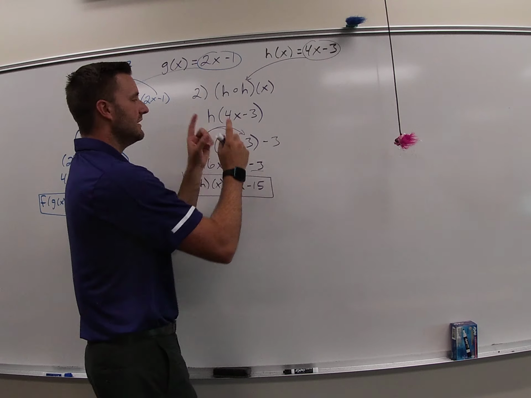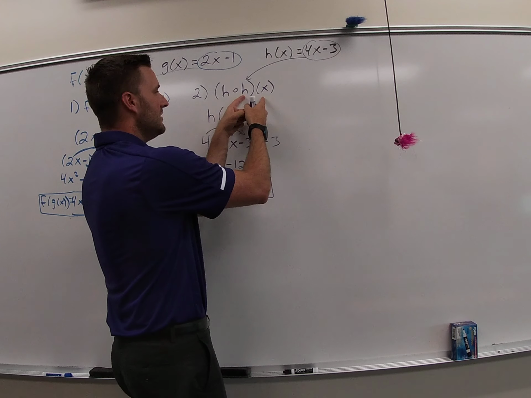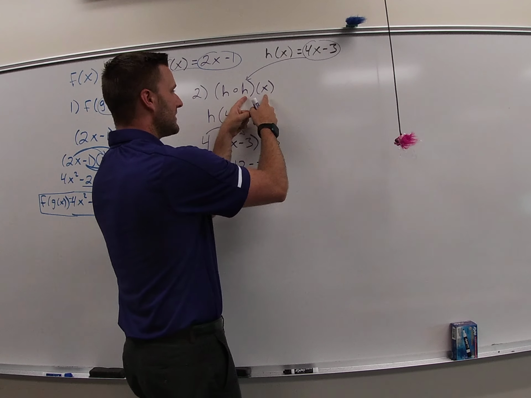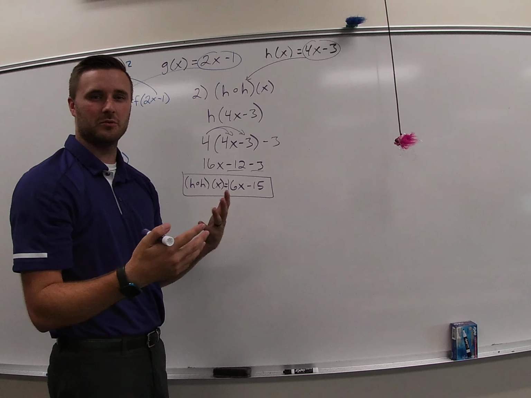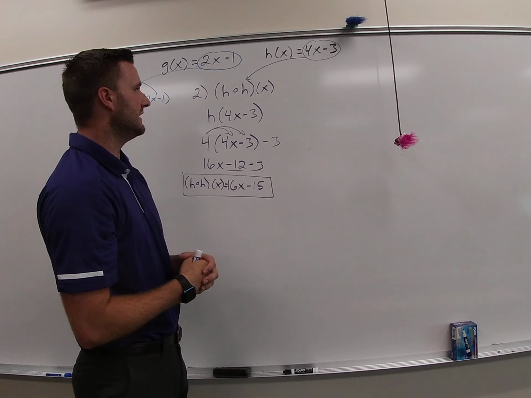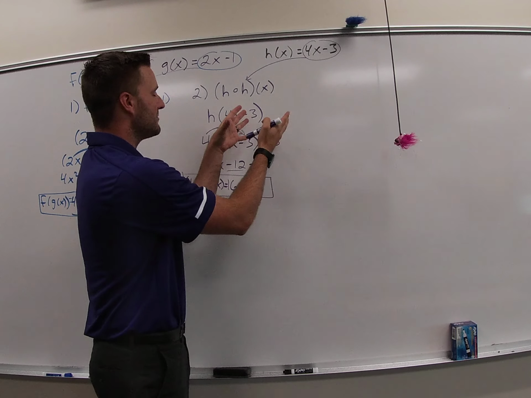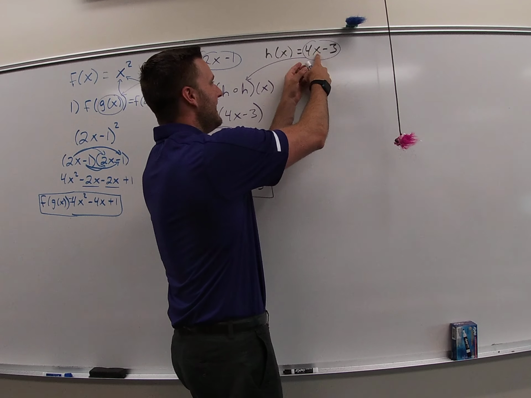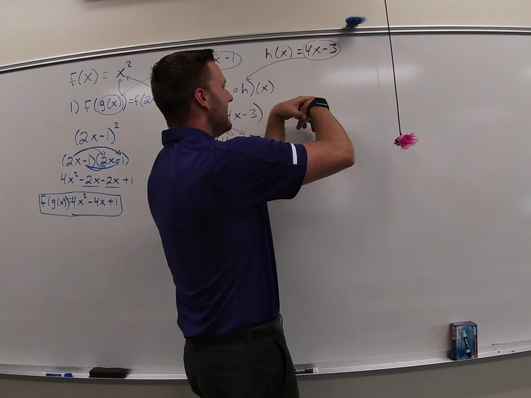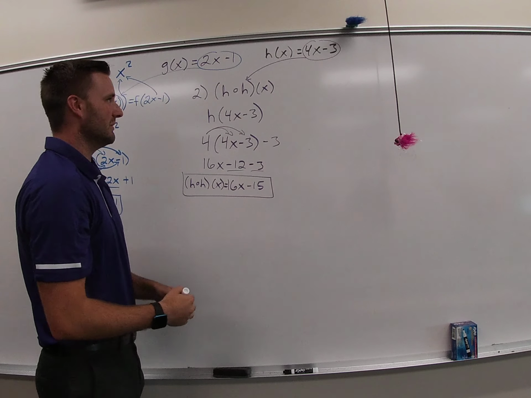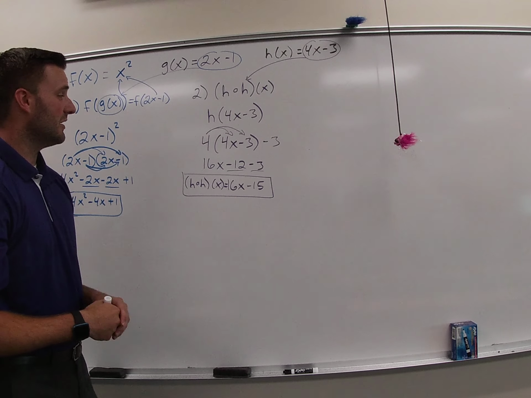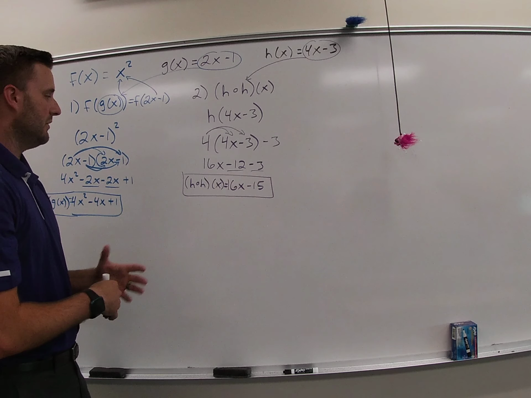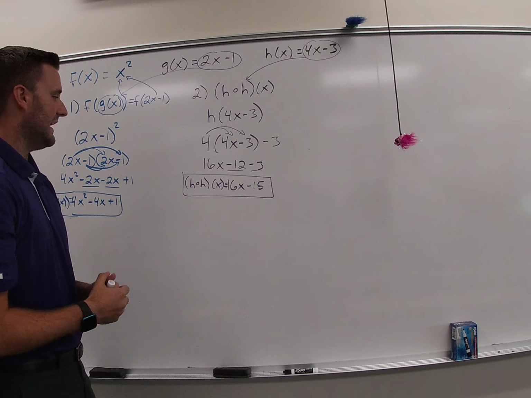Where it can be challenging is that the innermost function here was h of x, so I'm going to take this 4x minus 3, but I'm substituting that back into itself, which just seems kind of strange, which is why I wanted to give you an example. So I'm taking that 4x minus 3, and everywhere I have an x in that same function, I'm going to replace that with itself, 4x minus 3. And so once you reduce and simplify as much as you can, you stop here because we don't have any numbers to plug in to try to find out what that actually equals.